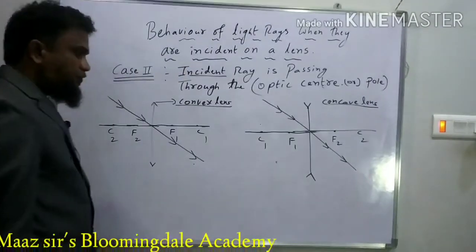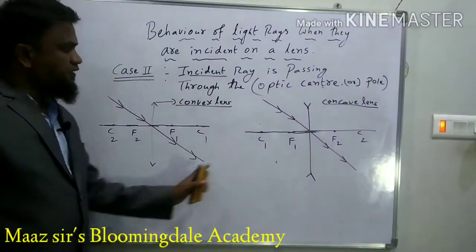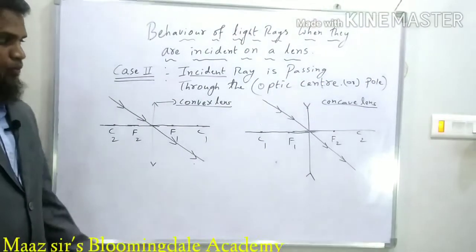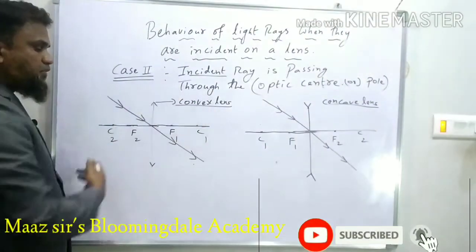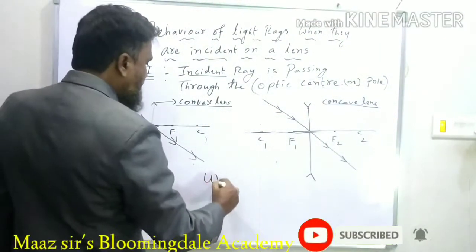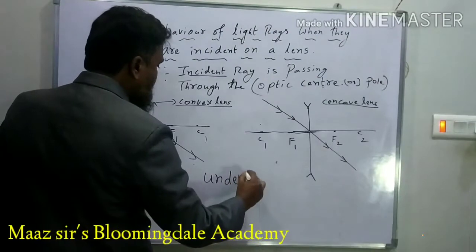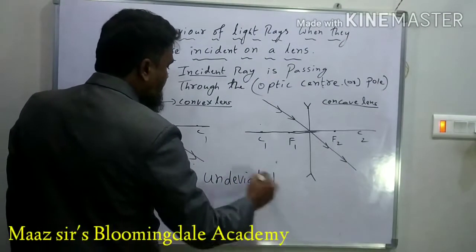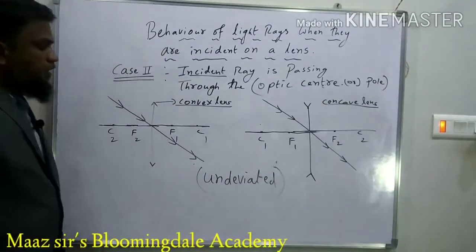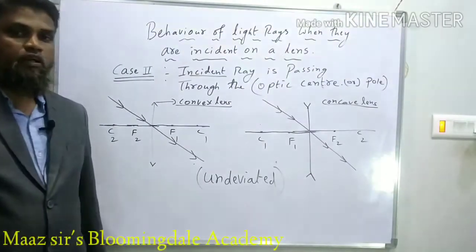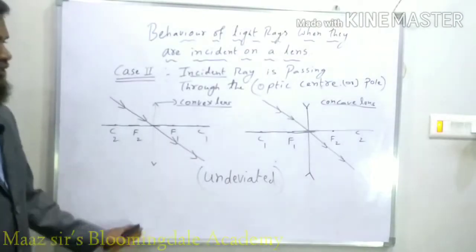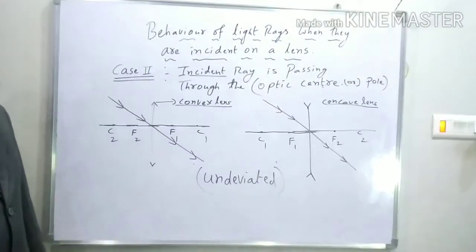Do you find any difference between convex lens and concave lens? No, there is no difference. Both the ray diagrams are the same. Here also the incident ray is undeviated. There is no deviation in this situation also.